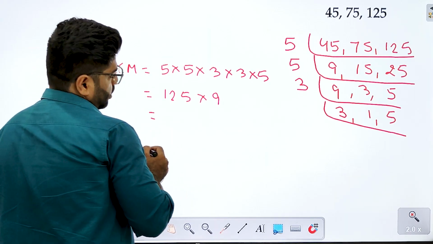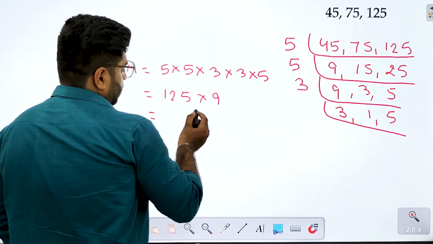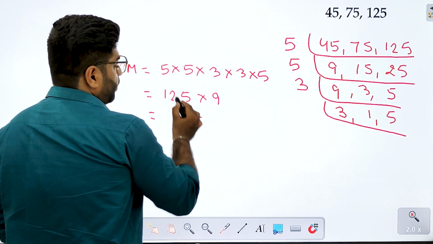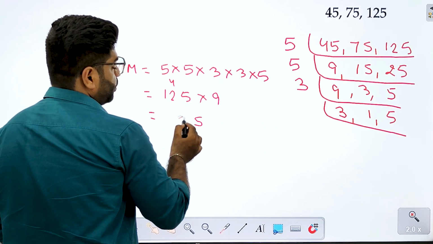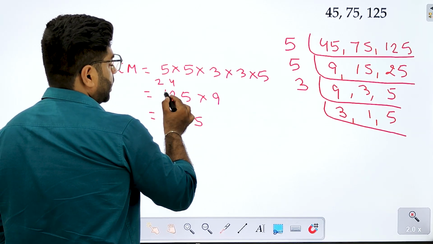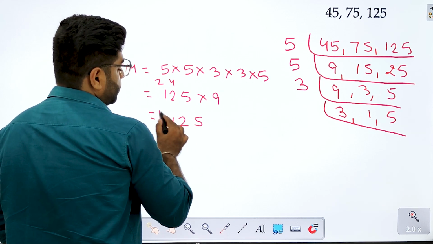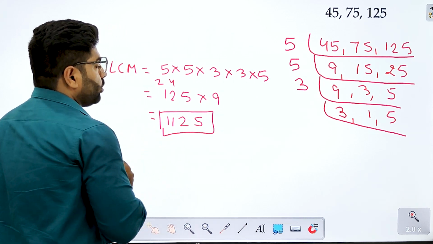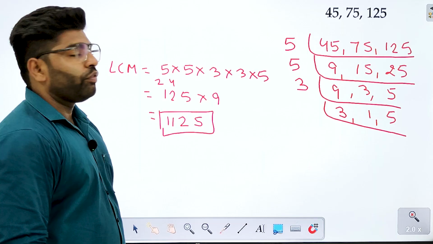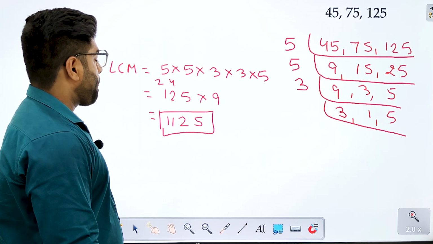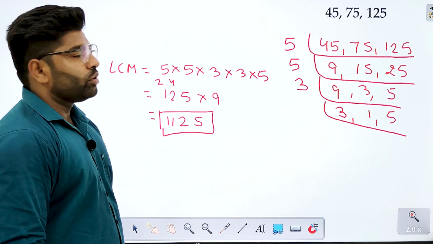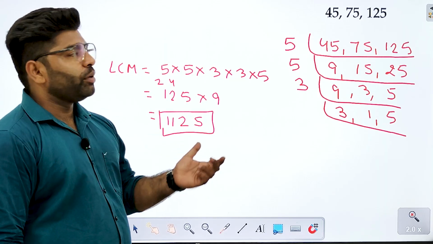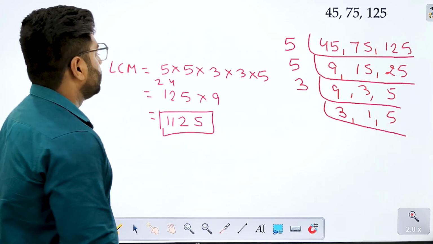So this will become 1125. Okay, so this is the least common multiple of these three numbers.